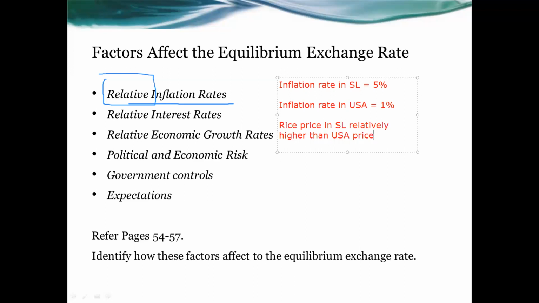Because the inflation rate in Sri Lanka is high compared to the USA, Sri Lankan prices are relatively high. Then people compare whether they are consuming domestically produced goods or services, or going for imported goods and services. Now, what do you think? Which one is getting cheaper? Since the inflation rate in Sri Lanka is relatively higher than the USA, our domestically produced goods and services are expensive compared to goods and services imported from the USA.